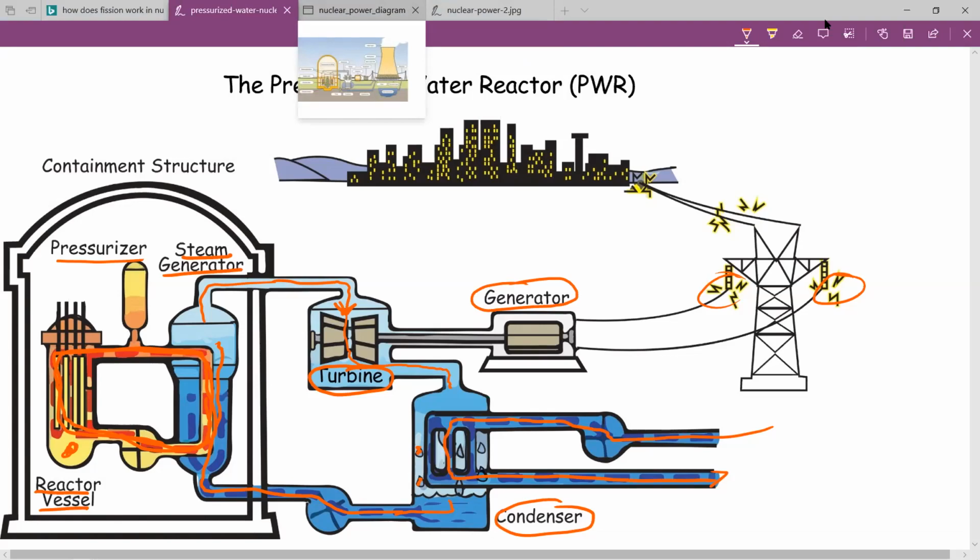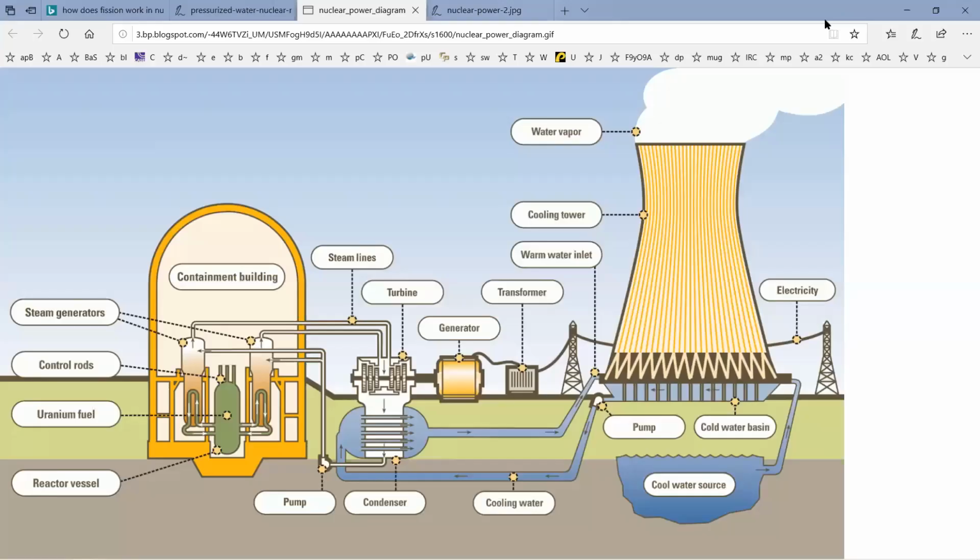Because, and I switched tabs, but I'm not sure if you're seeing the tab I'm seeing. I think you're seeing the tab I'm seeing. If not, you'll need to let me know. And how do you know if you're seeing it or not?